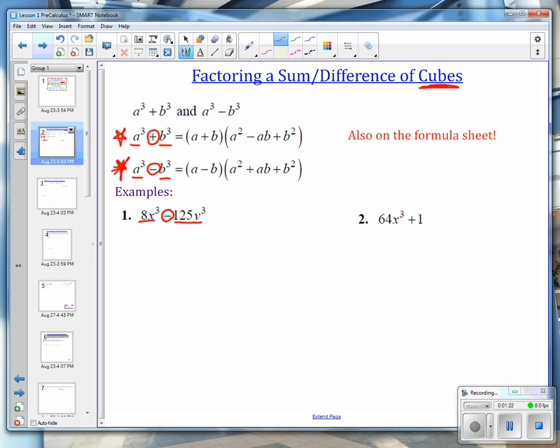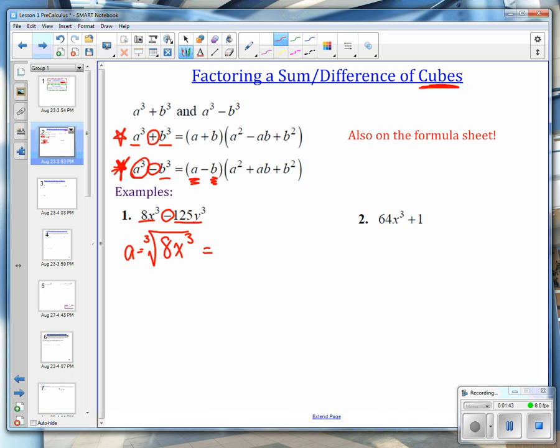So the first thing we want to identify is, what is A? Because you'll notice that we've got A's and B's here. So what is A and what is B? Well, notice that it's A cubed. So in order to find A, I need to take the cube root of my first term, 8x cubed.